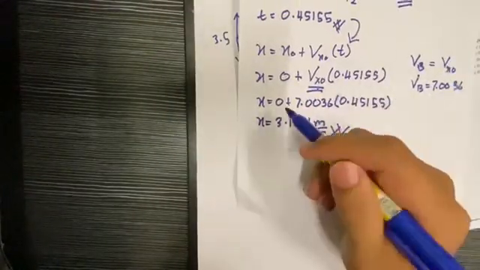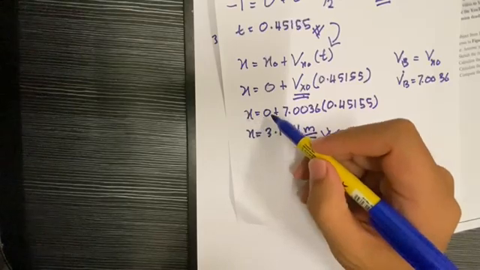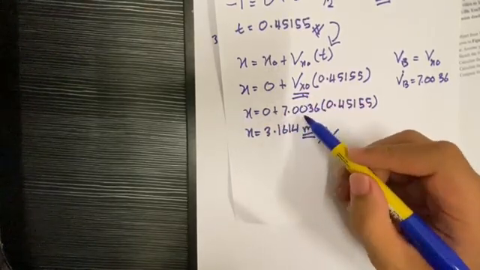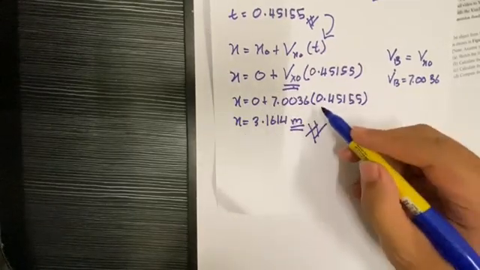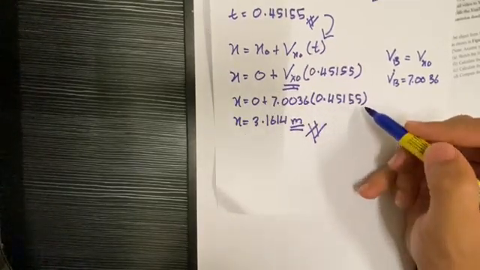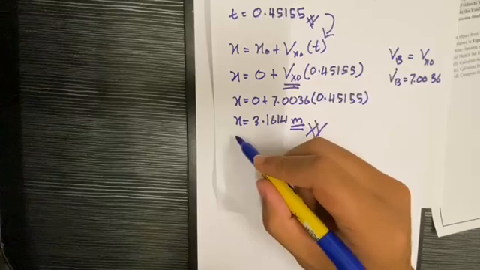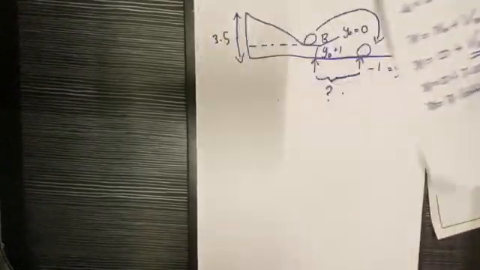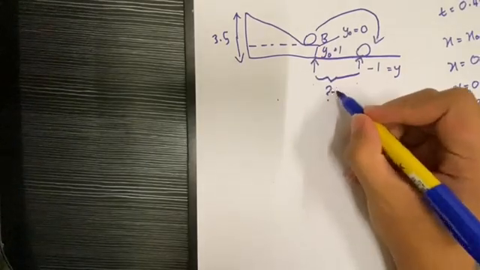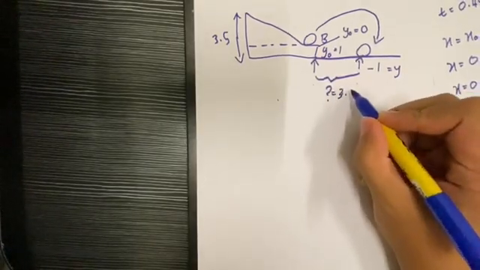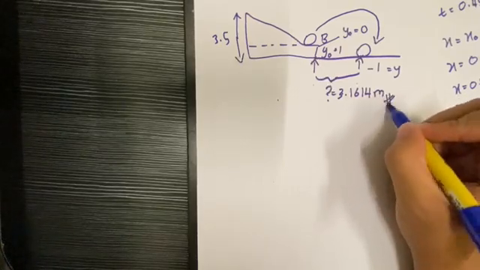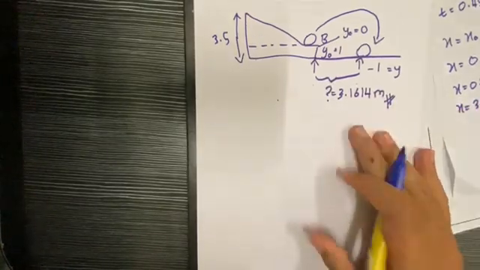We put in the equation x equals 0, which is x naught, plus 7.0036 times 0.45155, and therefore we get x equal to 3.1614 meters. So this distance is 3.1614 meters. That's it for question C.